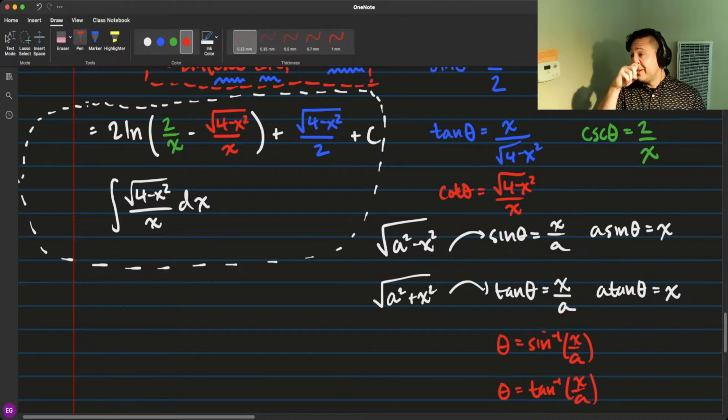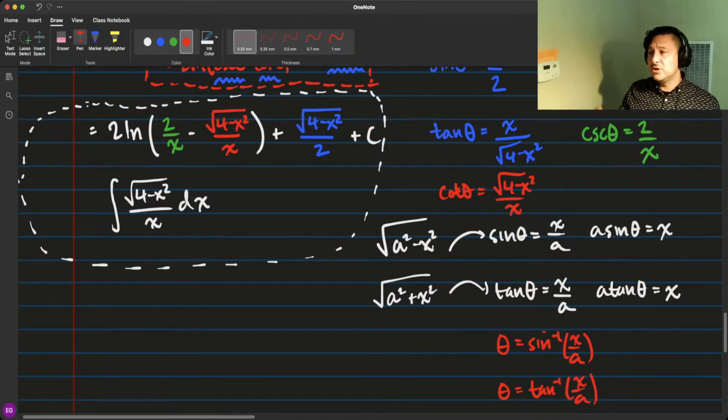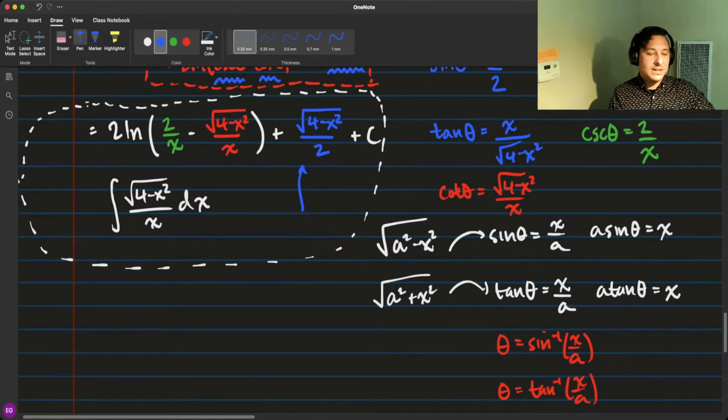That's how you get rid of your thetas. You're going to integrate your trig function, you'll have something with thetas, and then you need to replace them with trig inverses. Or you'll look at this sort of stuff and realize, oh, that's just the cosine of something.